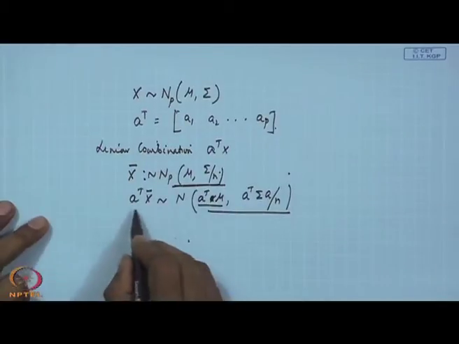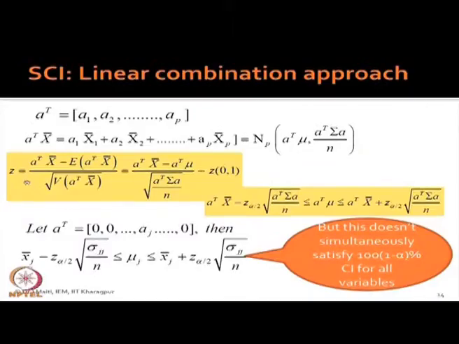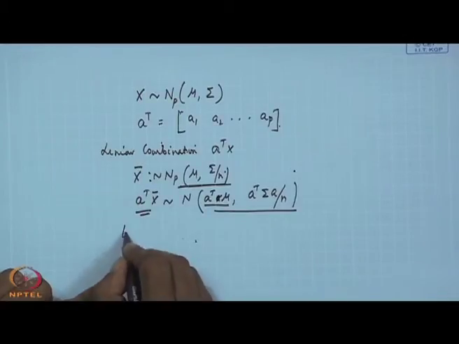Now, if you know this, can you not create the statistic here? The statistic we write is Z, the random variable minus the expected value of the random variable, divided by the square root of the variance. I think you have all seen this earlier when you developed Z. So A transpose X bar minus A transpose mu, because the expected value of A transpose X bar is A transpose mu.